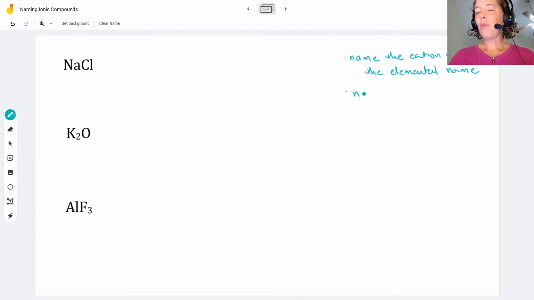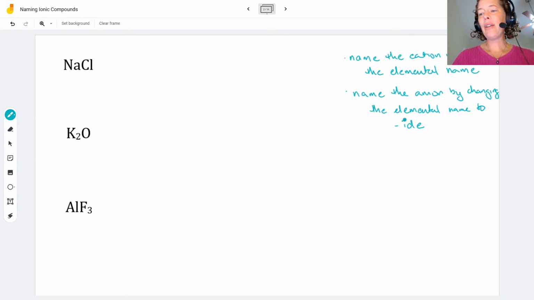So we're going to name the anion by changing the elemental name to IDE.